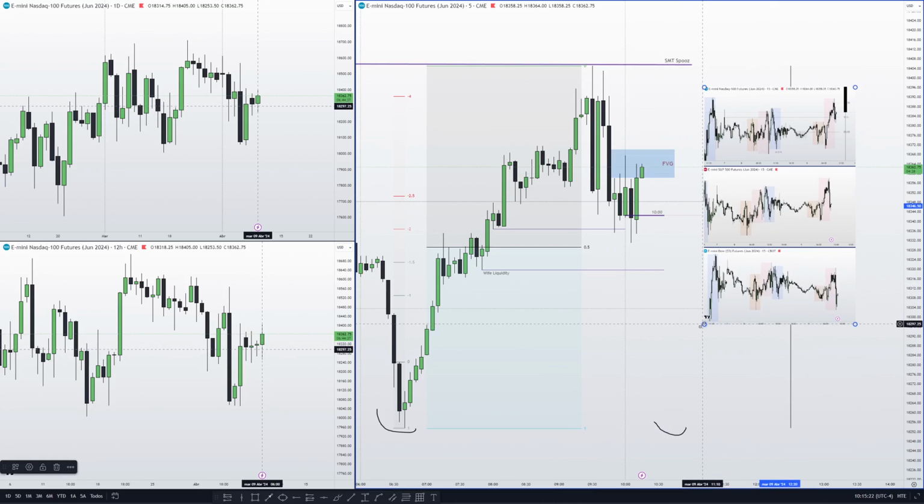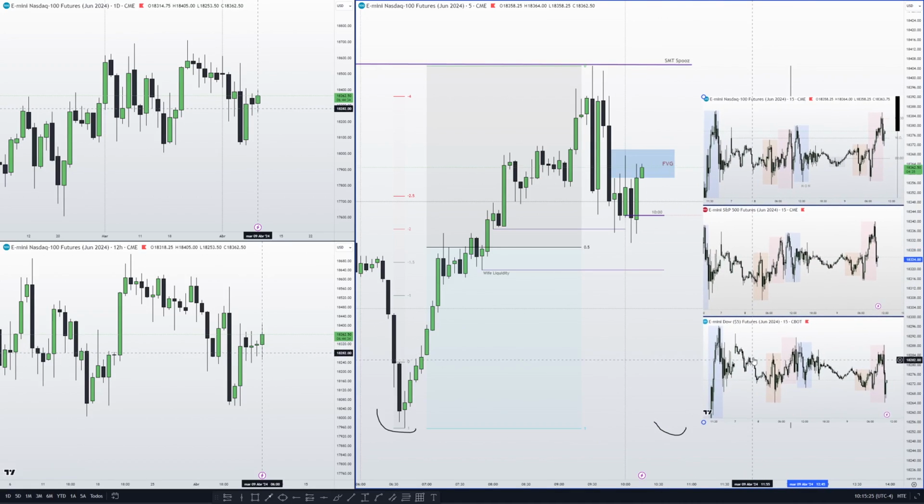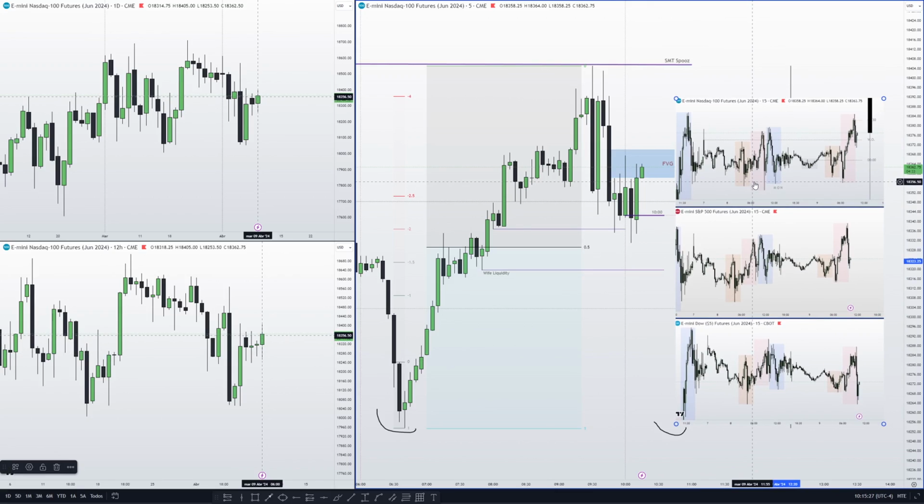Look, the three markets, it's in accumulation. So the discipline here, it's only scalpings.